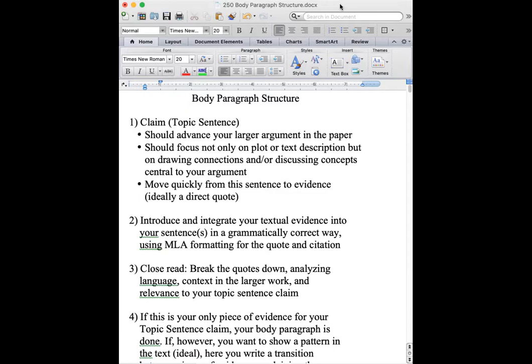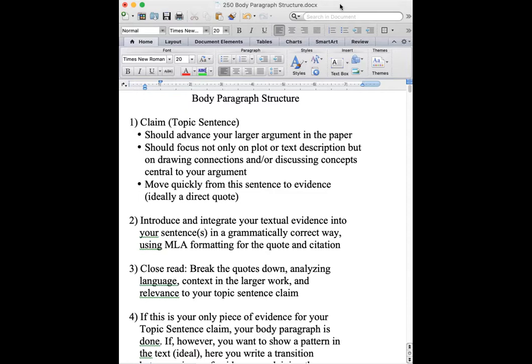So ideally, you're going to want to show more than one piece of evidence to show that what you're arguing for is something that's showing up consistently, or at least in some marked way in the one instance we see, the text is really framing this particular concern in a particular way that you are observing and making a case for.